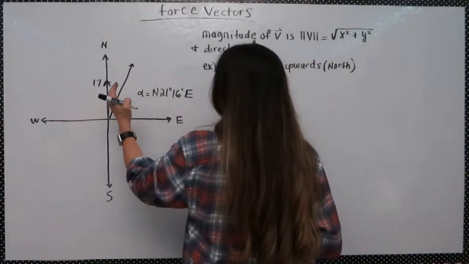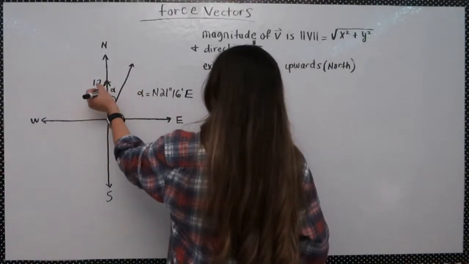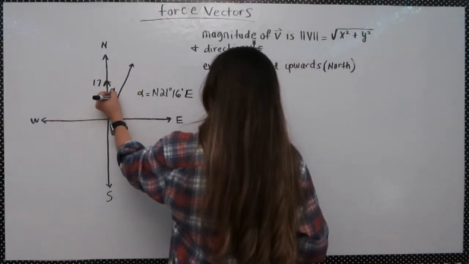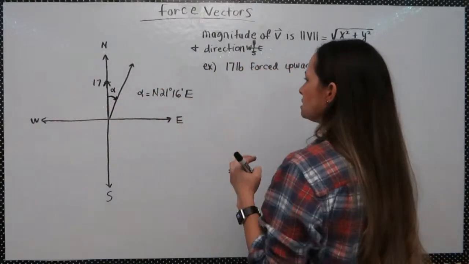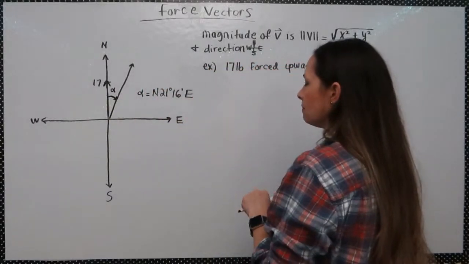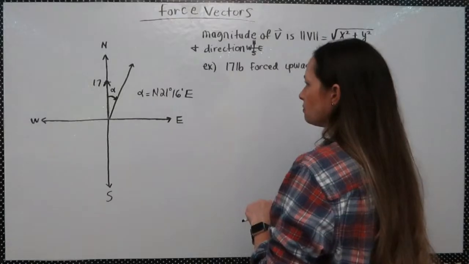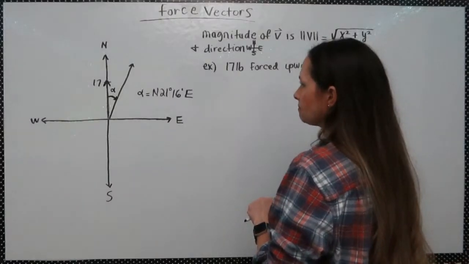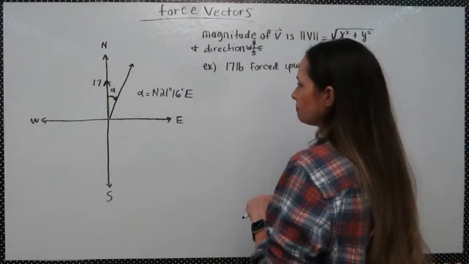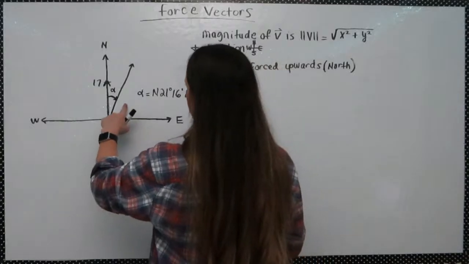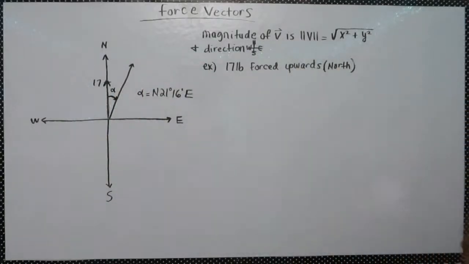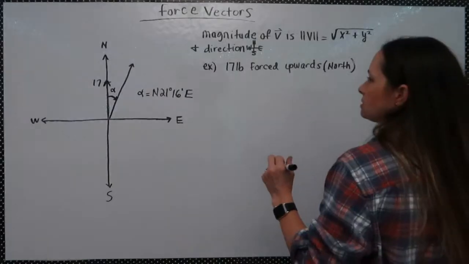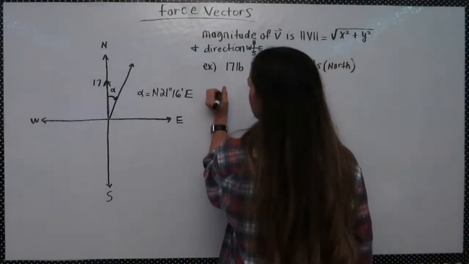So since we started with north, we're going to make sure that we're coming from that direction. And this becomes my acute reference angle, so that this vector, the size of it, was 50 pounds.